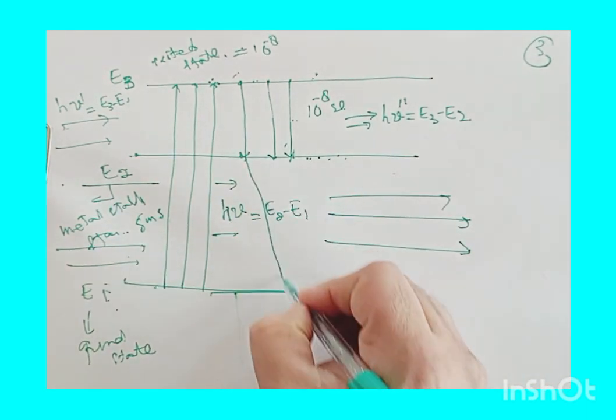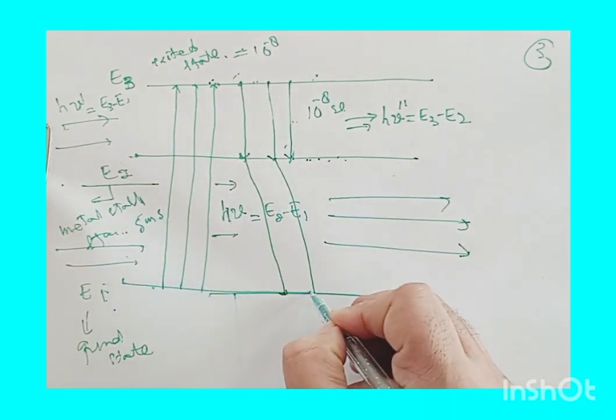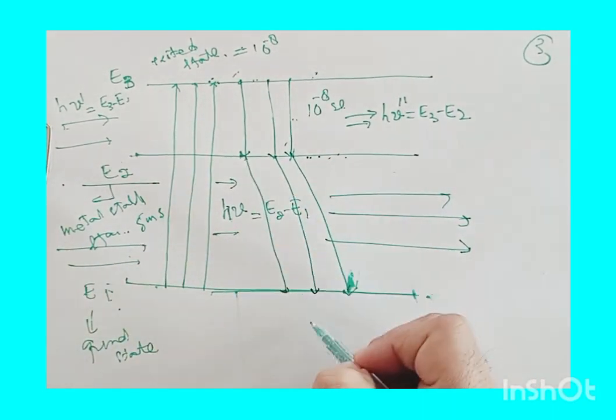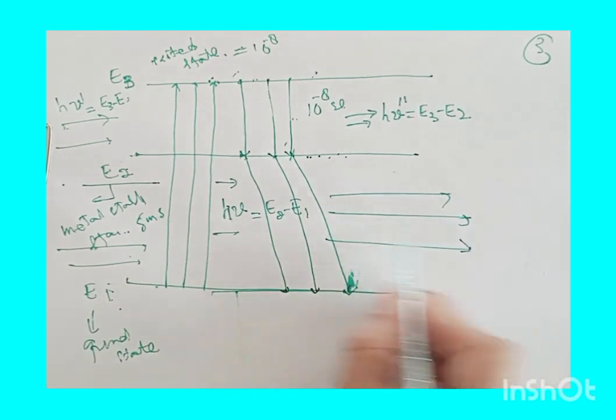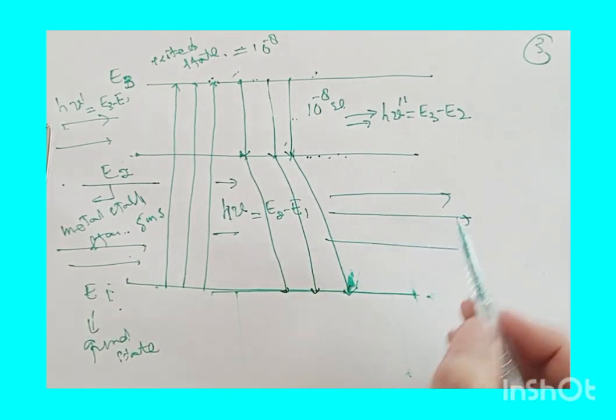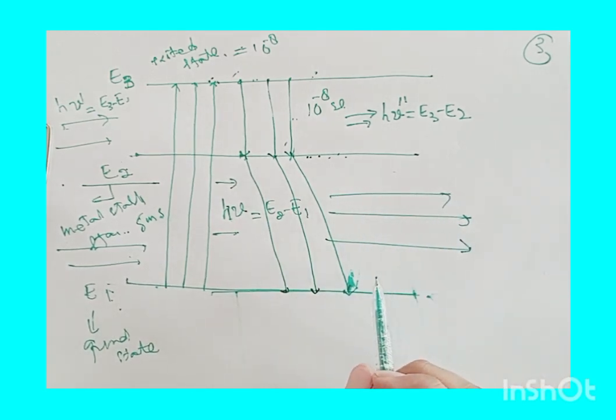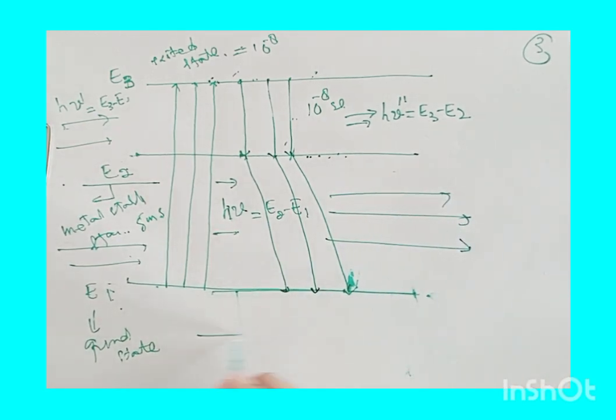So there is a transition from this metastable state to the ground state, and while we have this transition, we have photons in the same phase and with the same energy as the incident photons. So this is how a laser works.